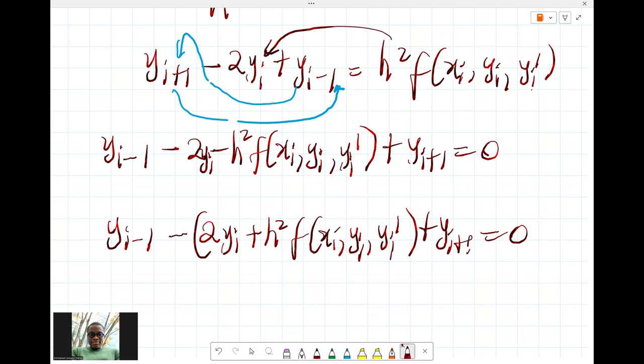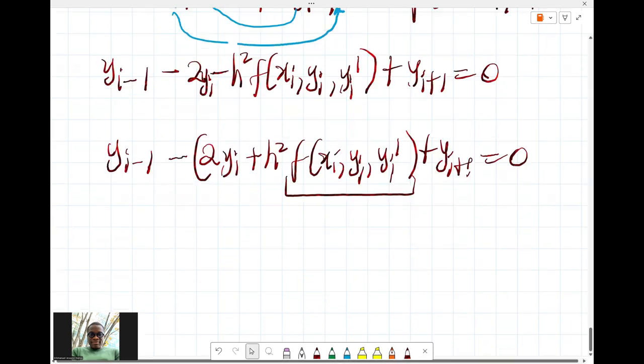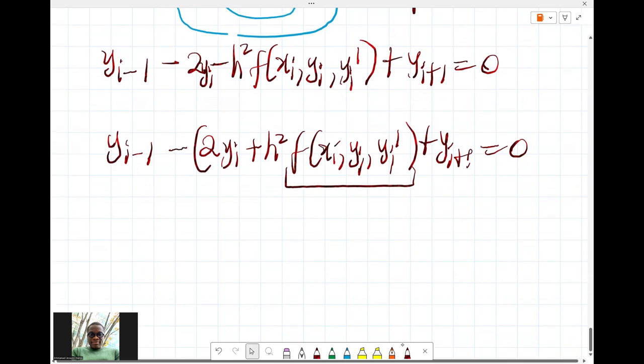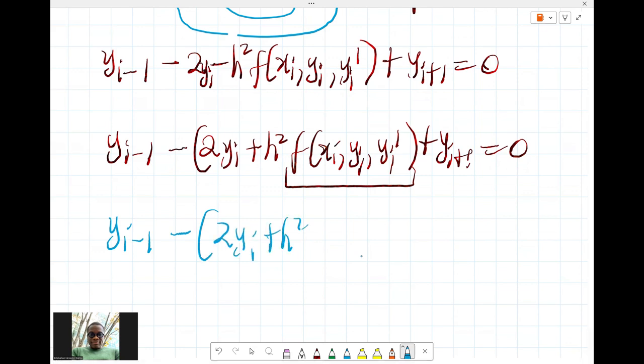So of course, we need to be told what this expression is for us to know the next step we need to take. So if we assume, for instance, that our expression is f of xi, yi, okay, if we take that expression, we now have yi minus 1 minus 2yi plus h squared, and we take the expression on that line to be, say, f of xi multiplied by yi, for instance.